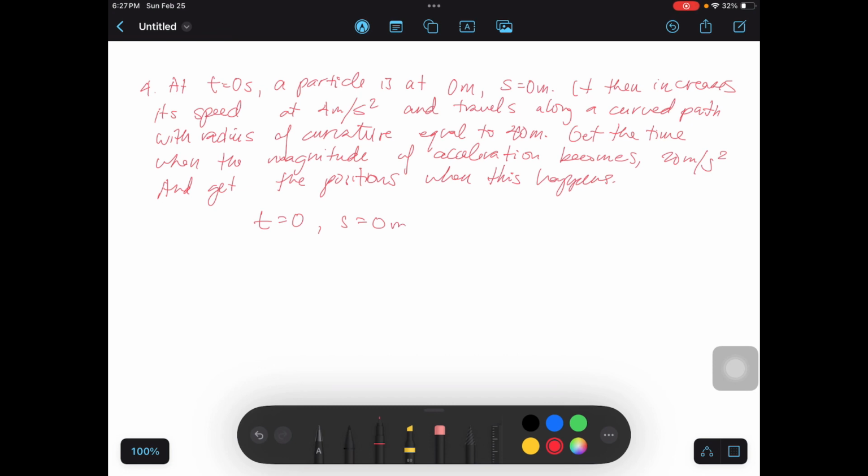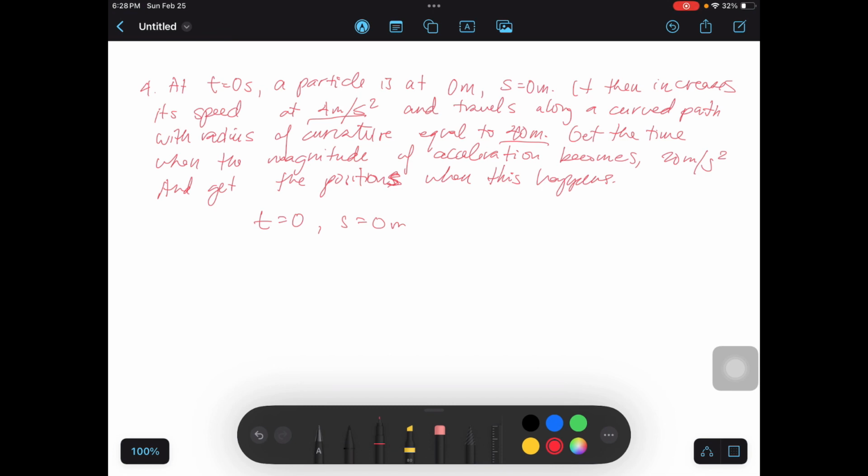So, it then increases its speed at 4 meter per second squared and travels along a curved path with radius of curvature equal to 40 meters. Get the time when the magnitude of acceleration becomes 20 meter per second squared and get the position S when this occurs or when this happens.